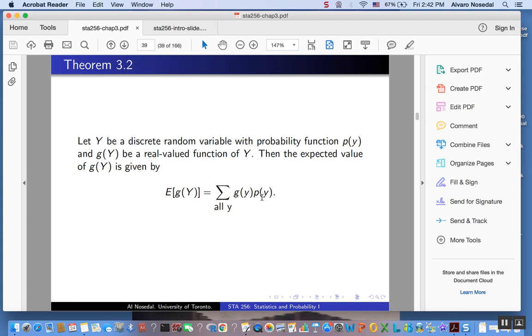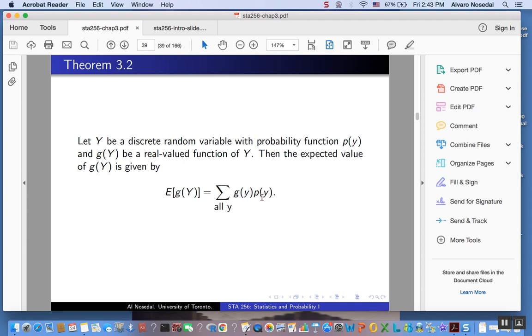Okay? So anyway, this theorem is going to be really useful. Just as it was useful to find the variance, it will be useful to find other expected values that you might encounter later in the course.